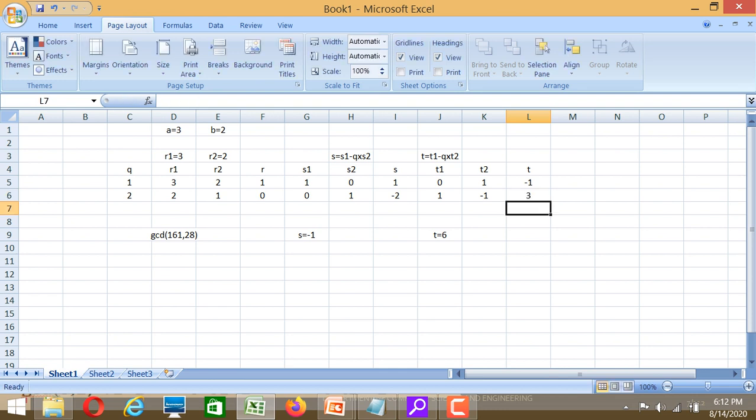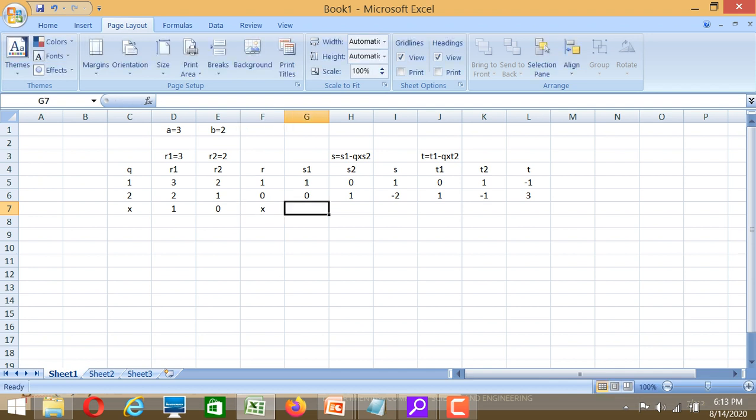3. Now the new R1 is the old R2, this is 1. The new R2 is the remainder 0. So we get the remainder value as 0. Whenever you get R2 equal to 0, you stop. There is no need to divide again, so no need to divide the remainder value.